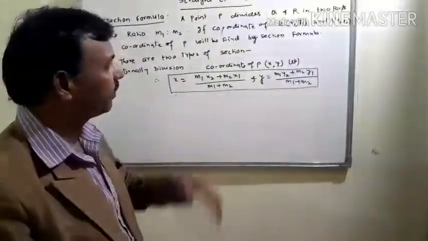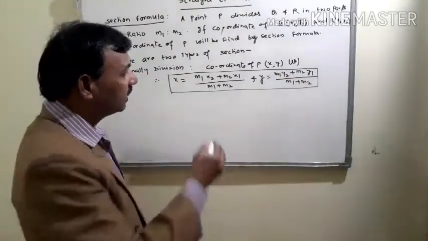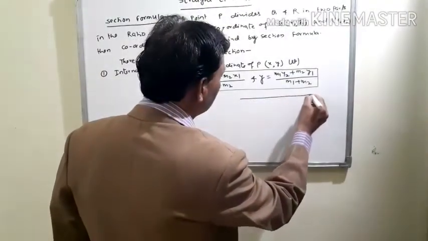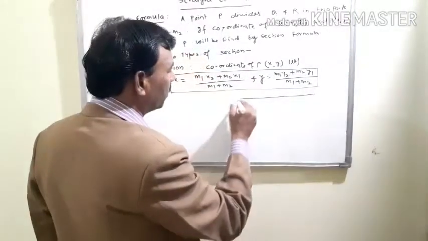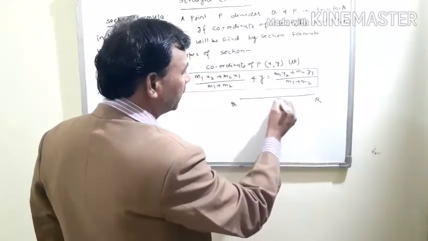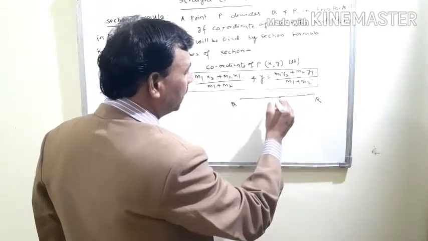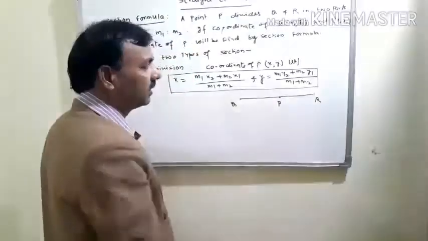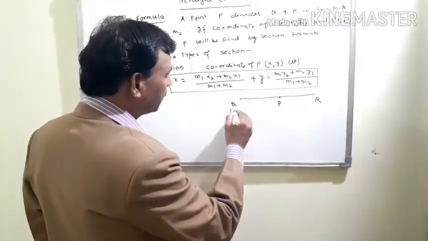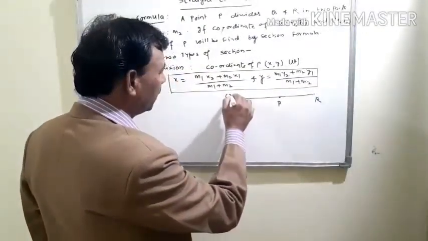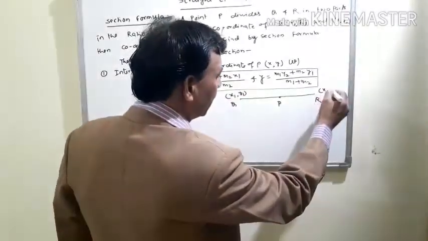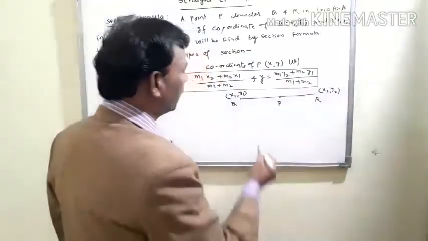If we want to represent this situation by graph, then if Q and R are divided by P internally, we express this like this, where coordinate of Q is (x1, y1) and R is (x2, y2).